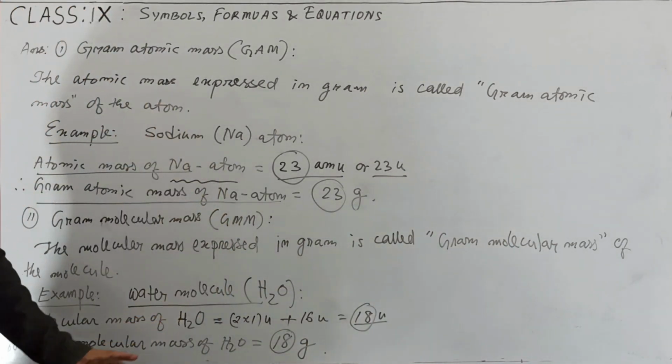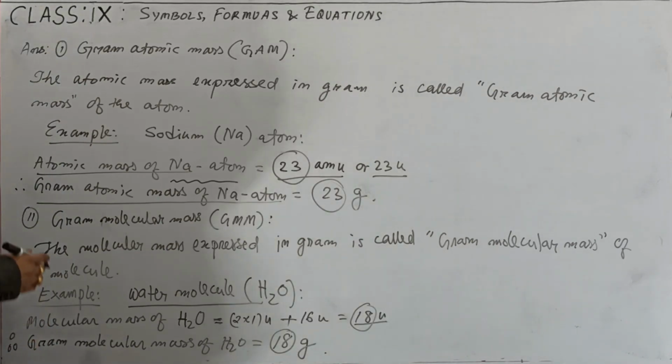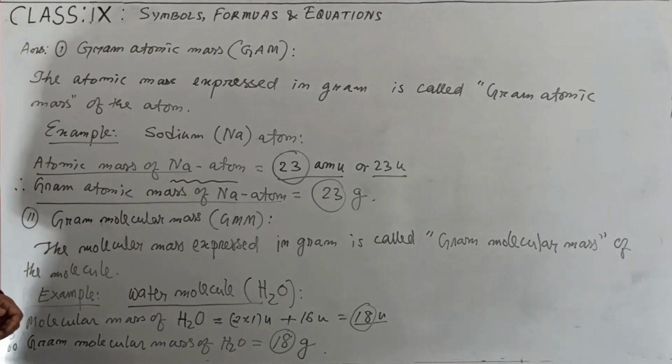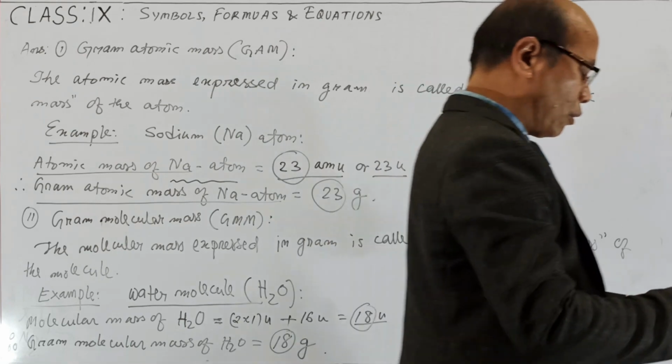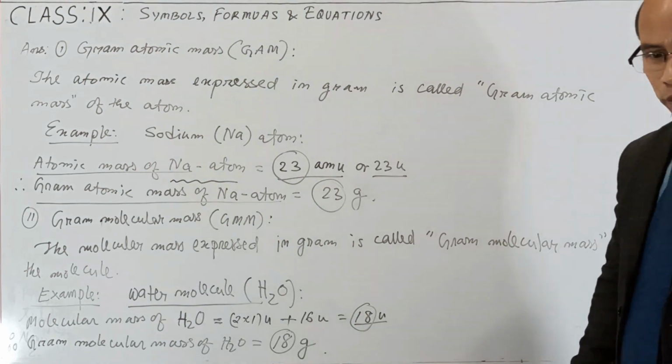Only the unit is changed, but the numerical value remains the same. Because of that, when we give the definition, gram molecular mass is the molecular mass of the molecule expressed in gram. So now I think you understand what is gram molecular mass, gram atomic mass, etc. These are all important, so anyway, you try to know it.